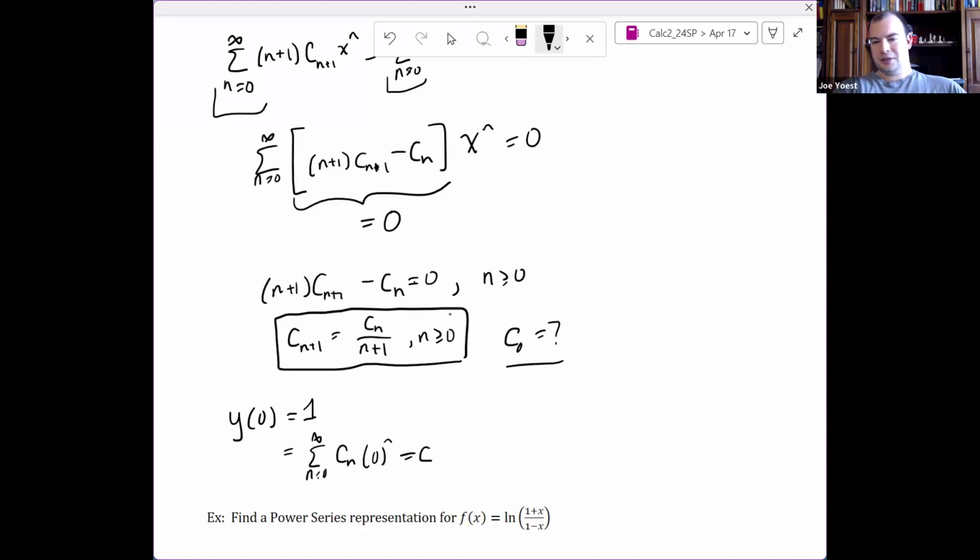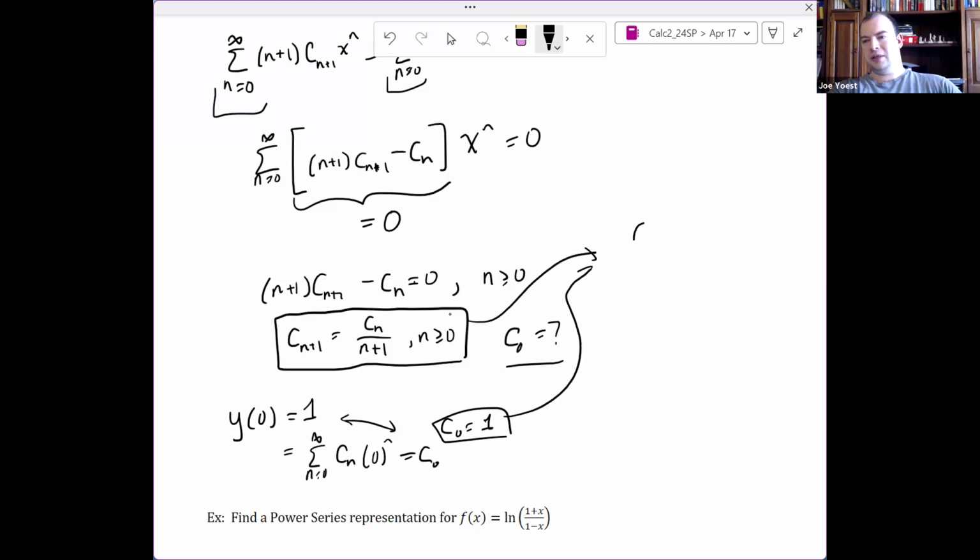Well, that's just c_0. All of the terms from the n equals 1 term on have a power of x in them, and that zeroes out. So we have that c_0 has to be 1.